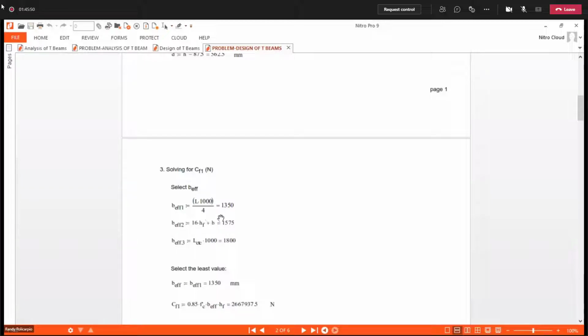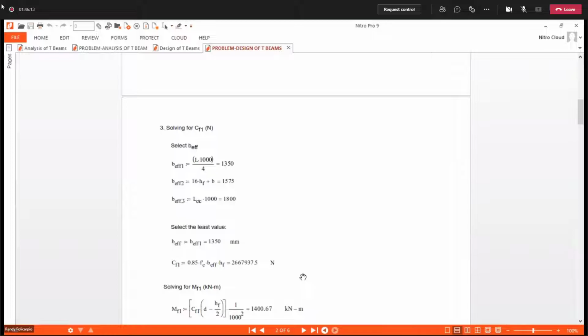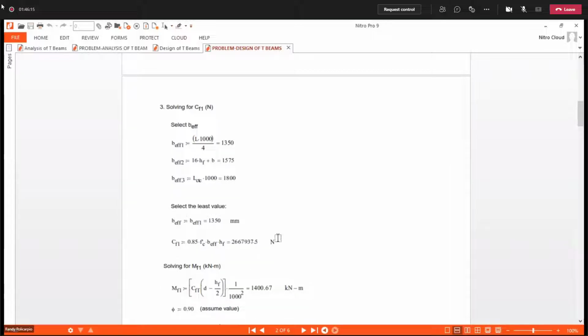So L over 4 is 1,350, 16 HF plus B is 1,575, and center to center, it will be 1,800. Okay, so the smallest of the three is 1,350 millimeter. Ito yung mag-govern na B effective.